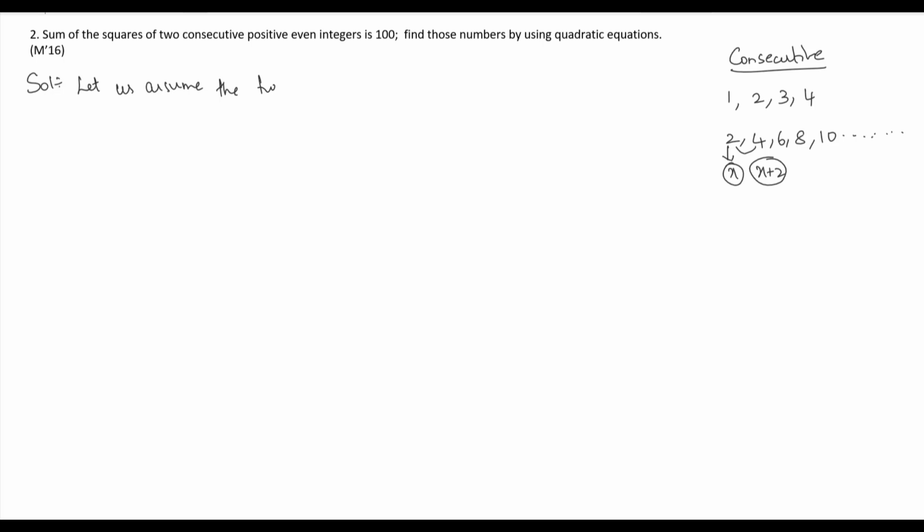So by this we should say, let us assume that two consecutive positive even integers be x and x plus 2. So by reading the statement, sum of the squares of two consecutive positive even integers.